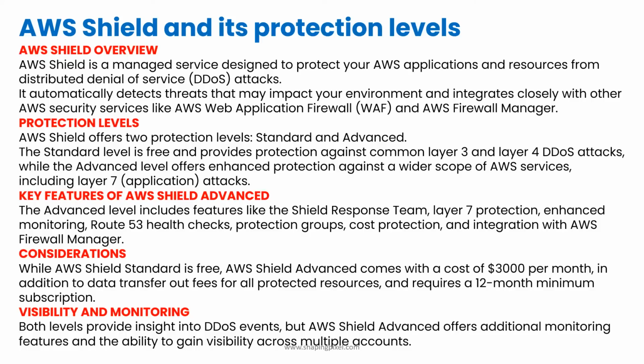While AWS Shield Standard is free, AWS Shield Advanced comes with a cost of $3,000 per month, in addition to the data transfer out fees for all protected resources, and requires a 12-month minimum subscription.